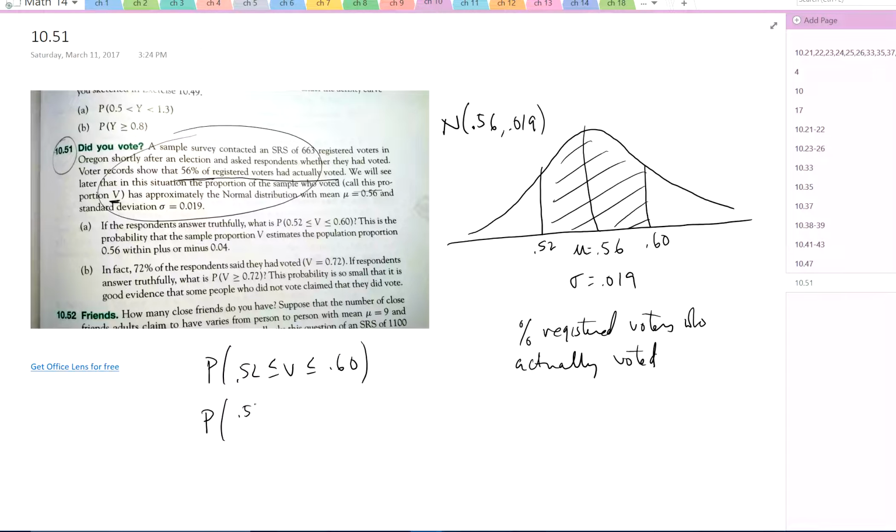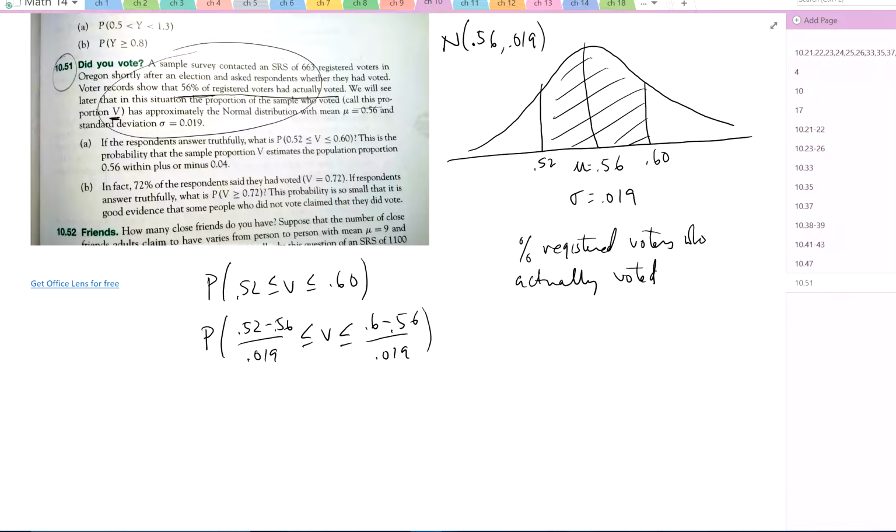So it'd be 0.52 minus 0.56 over 0.019, and 0.6 minus 0.56 over 0.019. So that's my z-score. I'm doing it right here on the side, 0.52 minus 0.56 divided by 0.019 is negative 2.1.